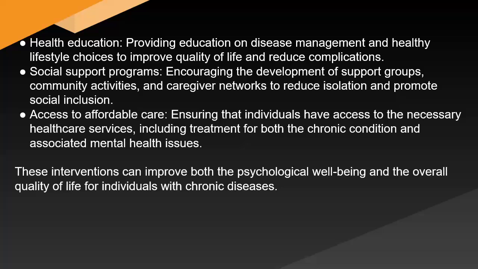Social support programs, encouraging the development of support groups, community activities, and caregiver networks to reduce isolation and promote social inclusion. Access to affordable care, ensuring that individuals have access to the necessary healthcare services, including treatment for both the chronic condition and associated mental health issues. These interventions can improve both the psychological well-being and the overall quality of life for individuals with chronic diseases.